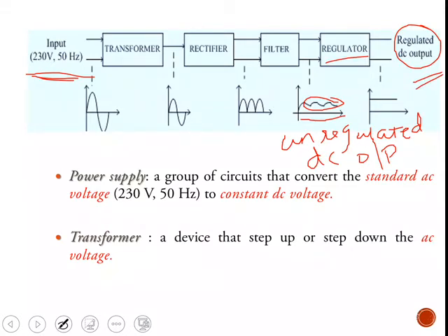So the function of voltage regulator is to give a constant DC irrespective of any changes at the input, that is AC supply, and any changes in the load. There are some performance parameters which will measure the ability of this regulator to provide a constant DC voltage.